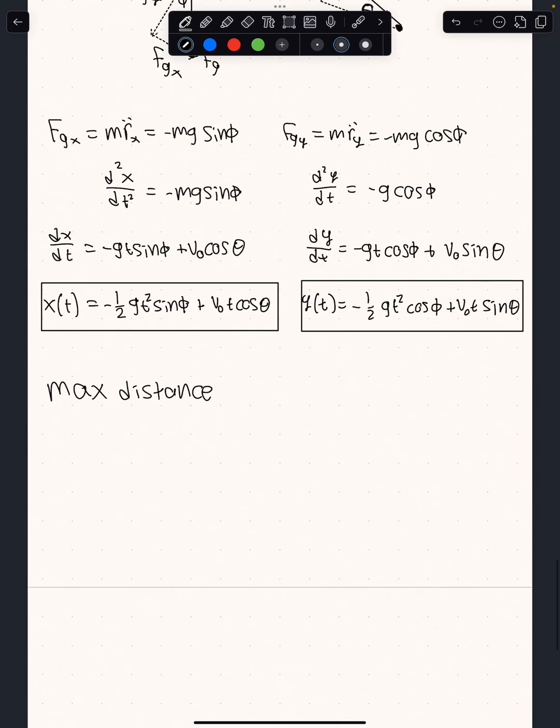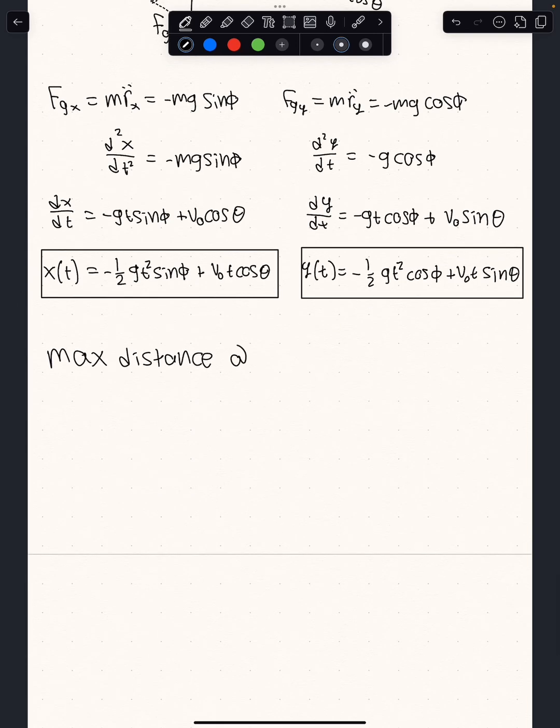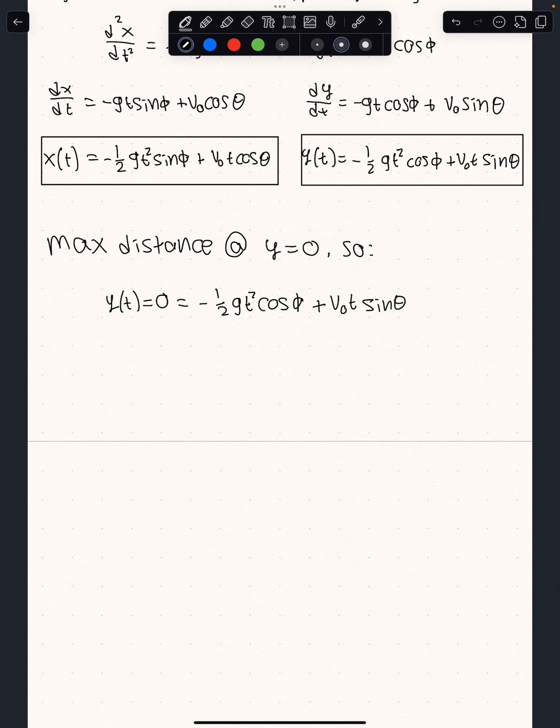So max distance at y equals 0, so y of t equal to 0, so that's going to be negative 1/2 gt squared cosine phi plus v naught t sine theta. Okay, we move the 1/2 over, 1/2 gt squared cos phi is equal to v naught t sine theta.